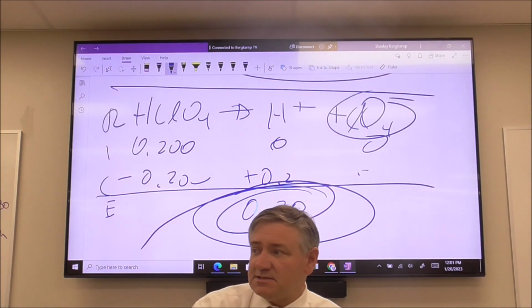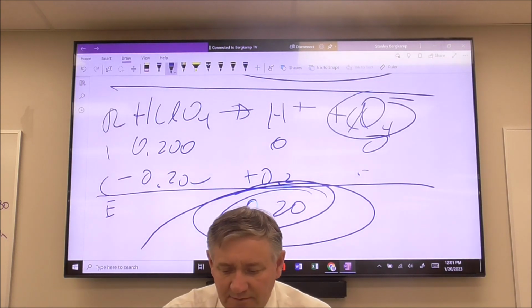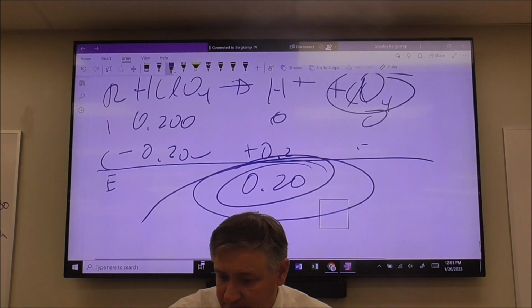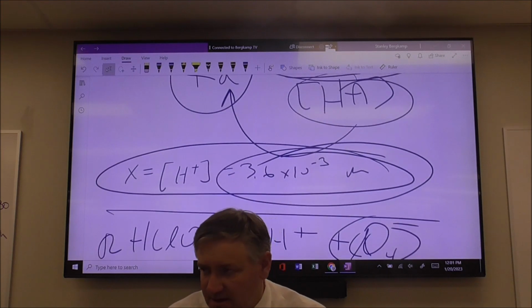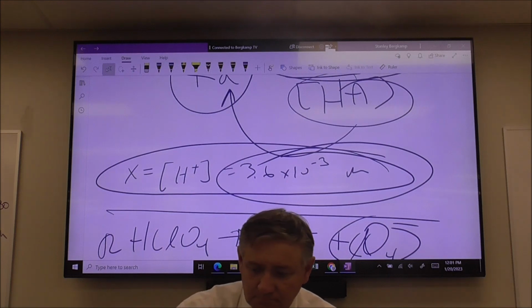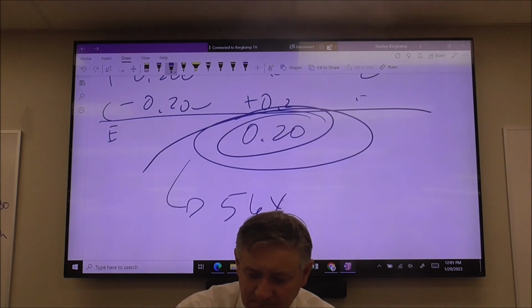Out of curiosity, does somebody have a calculator handy? Evan, take 0.2 and divide that by 3.6 times 10 to the negative third. 55.5 repeating, so about 56? Yeah.